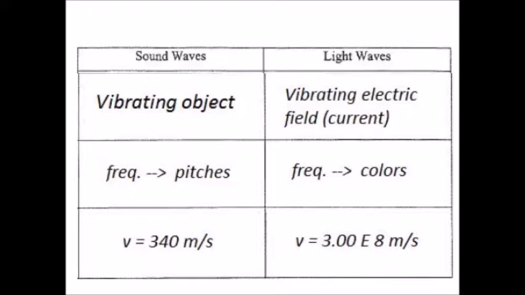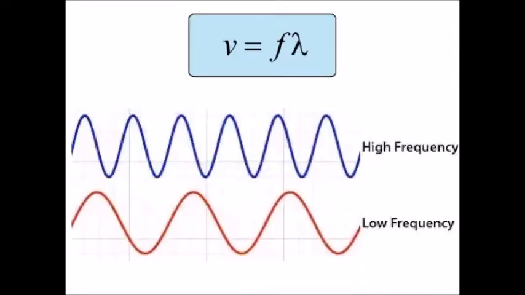Light waves are created by vibrating electric fields, also known as currents. Different frequency sound waves give you different pitches. Different frequency light waves give you different colors. Sound waves travel much slower, about 1/1,000,000th the speed of a light wave. But they obey this fairly straightforward equation. Velocity is equal to frequency times wavelength, which explains why I got woke up this morning by this sound.